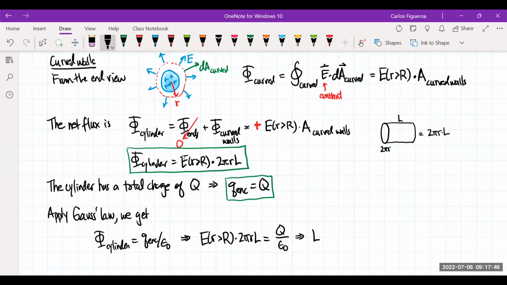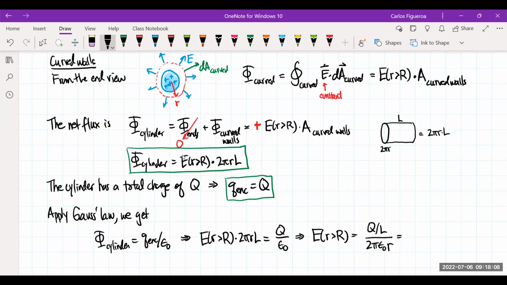That tells me that E for little r greater than big R is going to be Q over 2 pi epsilon naught r L, and it's customary to rewrite this as lambda, which is Q over L. That's just customary.